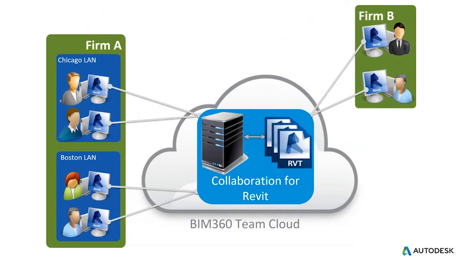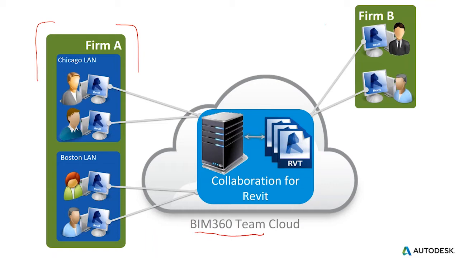And the way that it works is we provide the cloud environment, and this is where BIM 360 Team starts to come in. So the central file will live on the BIM 360 Team site. Firm A that has multiple locations of Chicago and Boston, just as an example, might have been doing Revit central files using Revit Server in their own local area network or wide area network, which is fine.